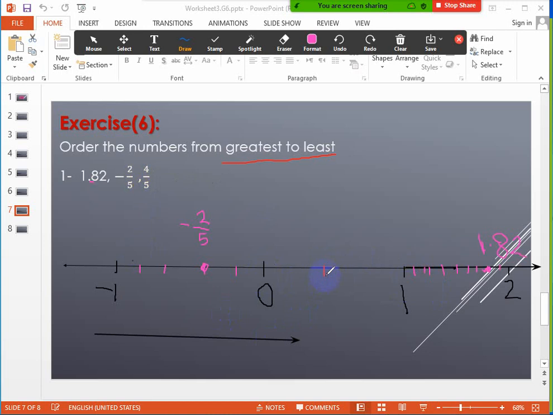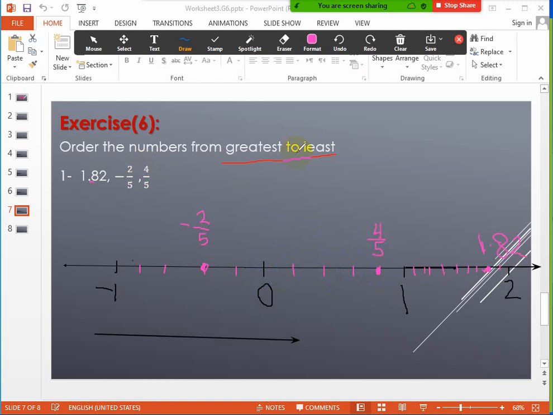Very good. So let's divide it into 5 equal parts like this. How many parts I have to move? 4. Very good. So it will be 1, 2, 3, and 4. This point is 4 over 5.